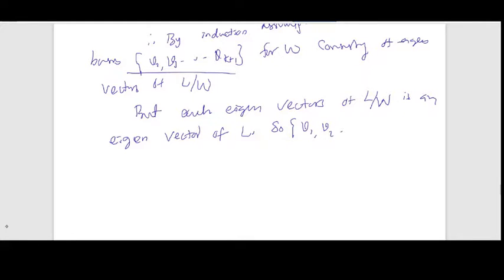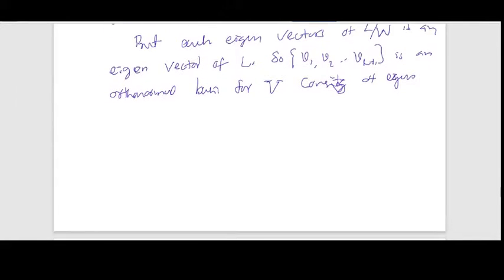So V1, V2, etc., Vk+1 is an orthonormal basis for capital V consisting of eigenvectors of L. Therefore, by induction, the result holds for all n.